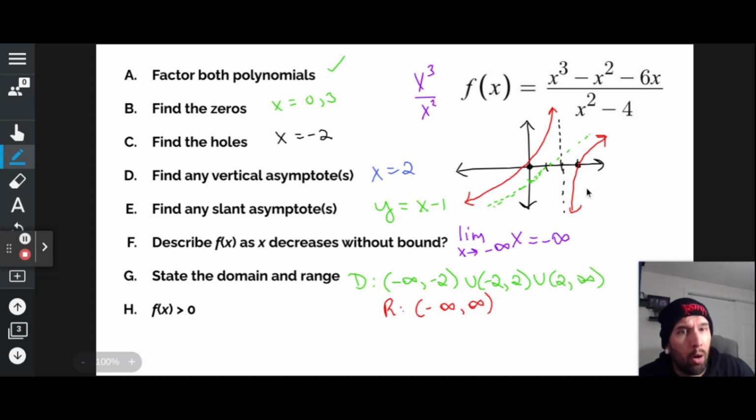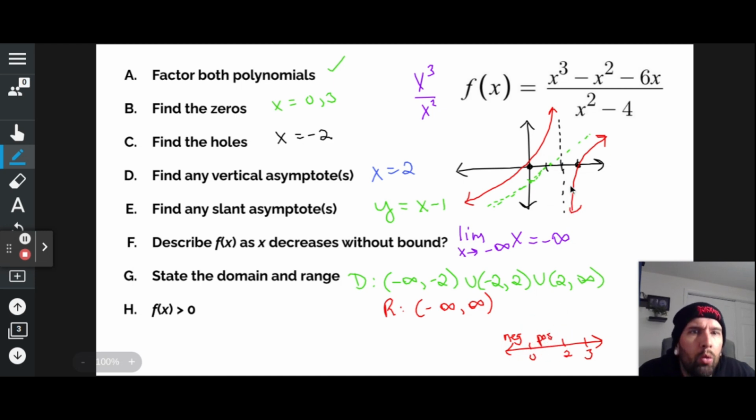Now, also based off of this picture, I'm able to draw a nice little sign chart. Magic seems to happen at 0, 2, and 3. Just making sure my numbers are good. From negative infinity all the way up until 0, we're negative. From 0 to 2, we are positive.